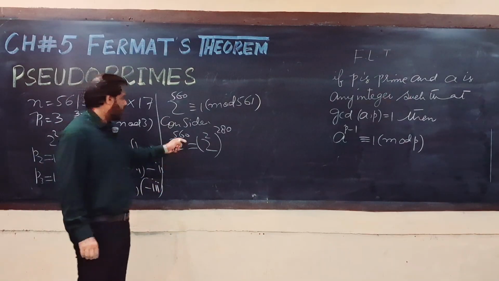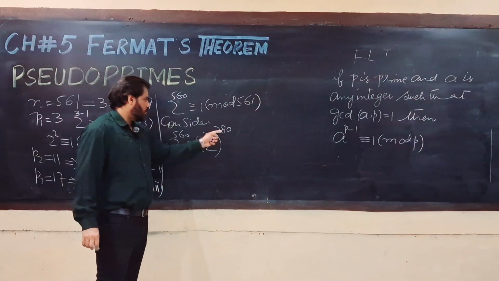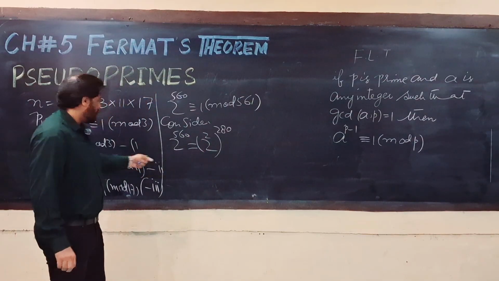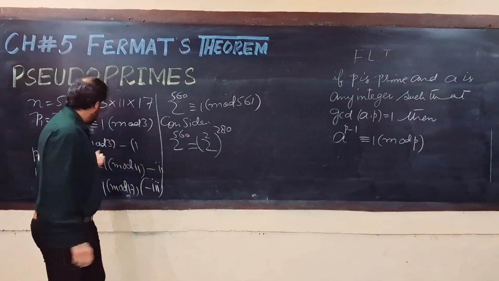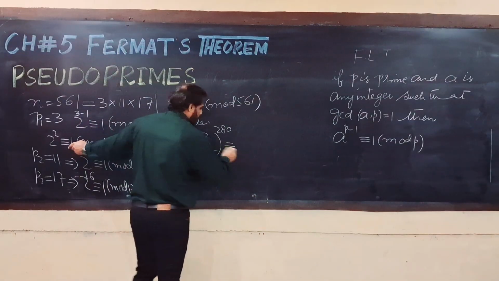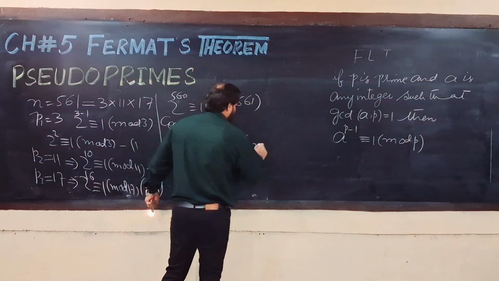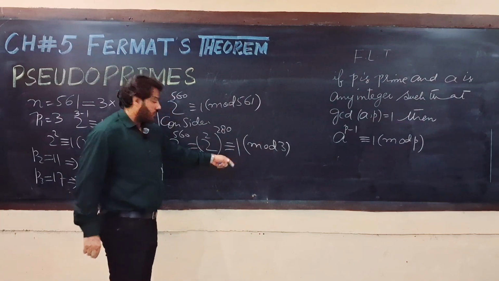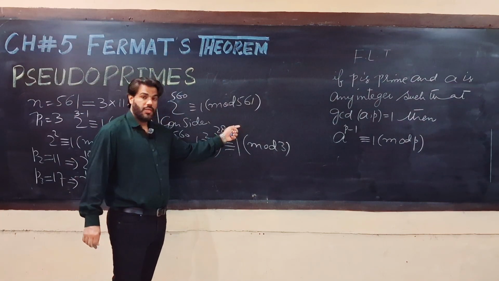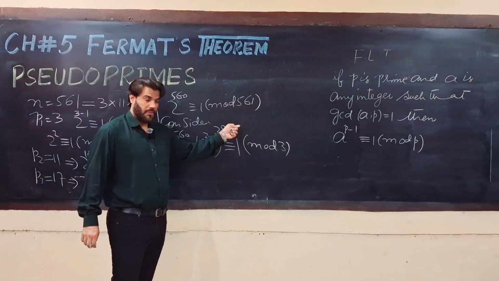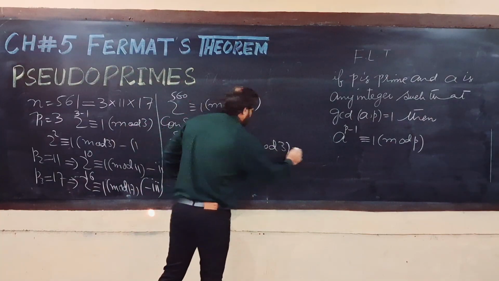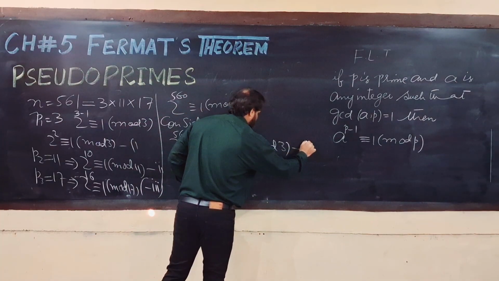By using congruence 1, 2 squared is congruent to 1 modulo 3, and this will be 1 whole power 280, and 1 whole power 280 is 1. So 2 raised to power 560 is congruent to 1 modulo 3. Say this is 3, this is 4.